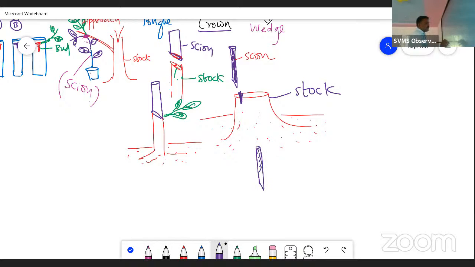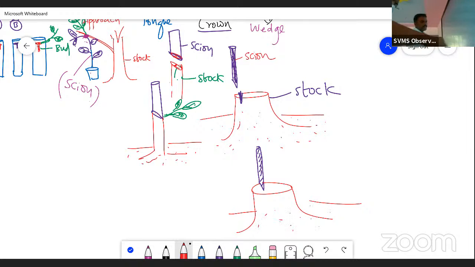It has no contact with the soil, but it is inserted into the place where the cleft is made in the stalk portion of the plant, where the scion is inserted into the cleft or slit of the stalk.